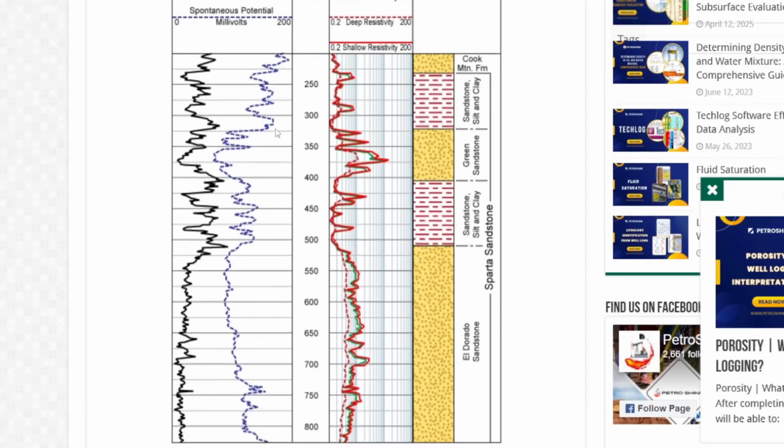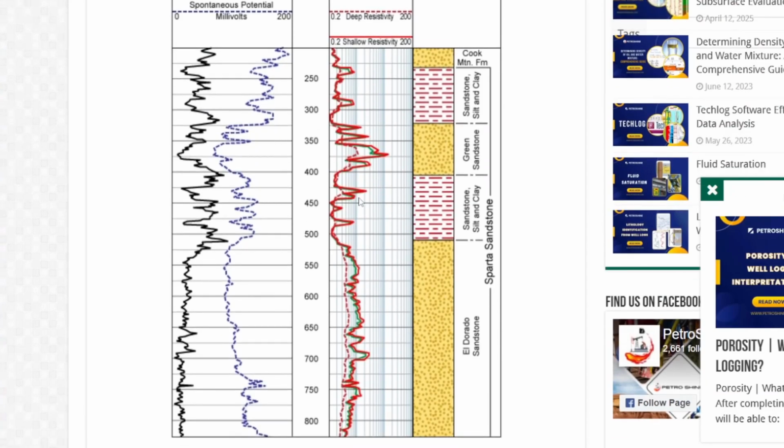And here we see that there is more deflection for our green sandstone, less deflection for the Cook formation, and the Eldorado formation. There is something changing here, because you can see the differences for the same sandstone. So there's something going on with the fluids here.